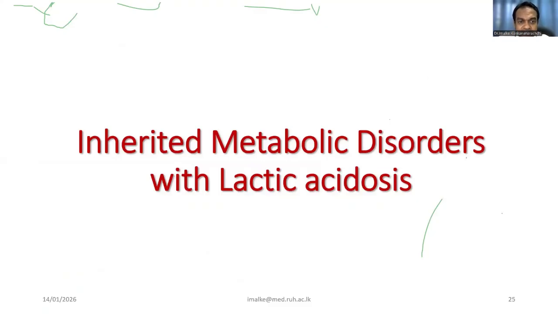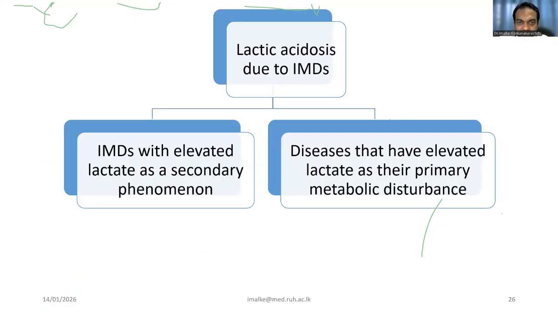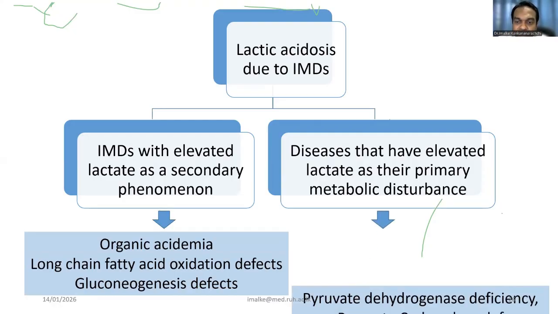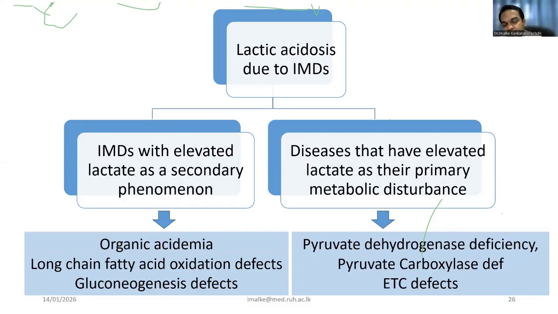So last few things, if I mention a few diseases that can present with lactic acidosis in children, there are two main types. The first type is lactate might go up as a secondary phenomenon when most of the organs are damaged, like in organic acidemias and fatty acid oxidation defects, or else some metabolic disorders which mainly affect the mitochondria can result in lactic acidosis due to defects in the TCA cycle.